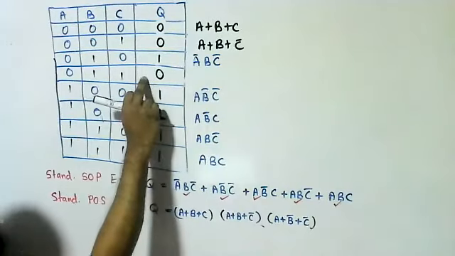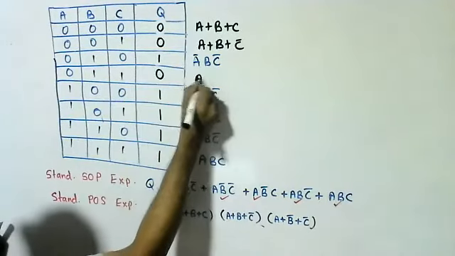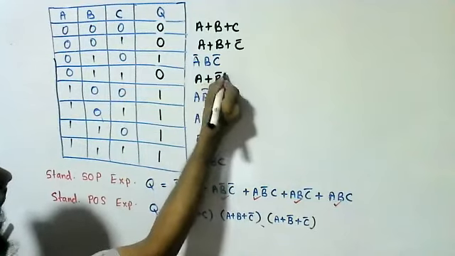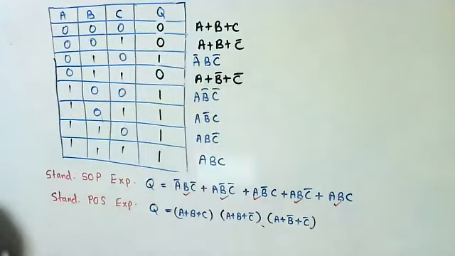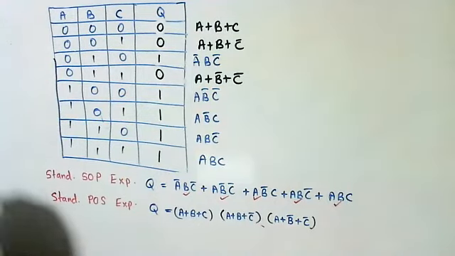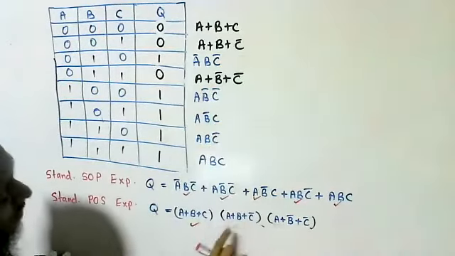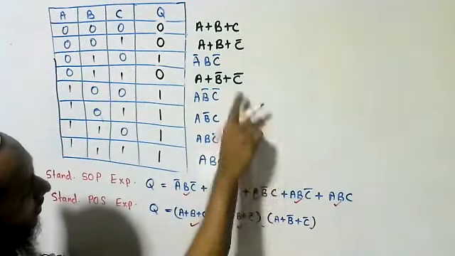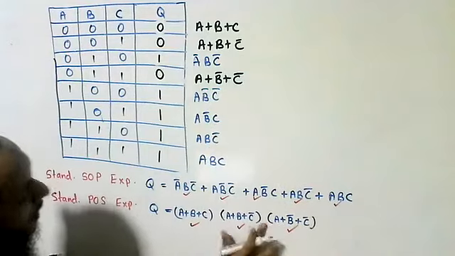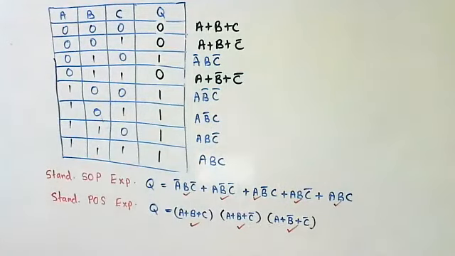Next max term is A plus B bar plus C bar. We check here: A plus B plus C. The second max term, A plus B plus C bar. The third max term, A plus B bar plus C bar. Hope it's very clear, students.